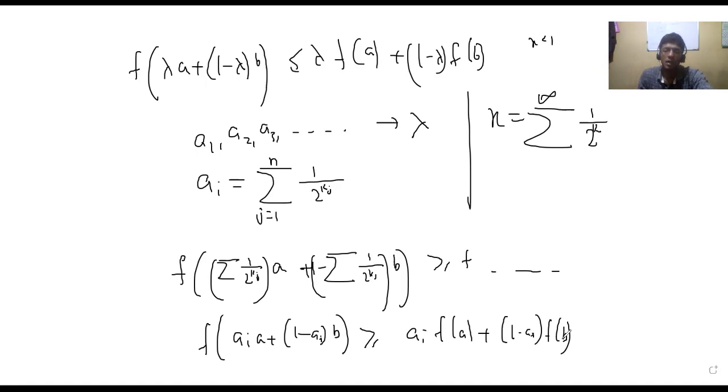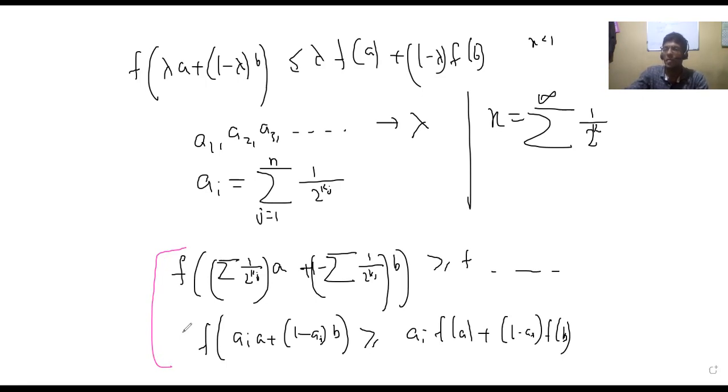Now, if you take triple point convexity, then I am not sure. When you try to prove that midpoint convexity implies this, you will realize whether you can do it for 1 by 3.